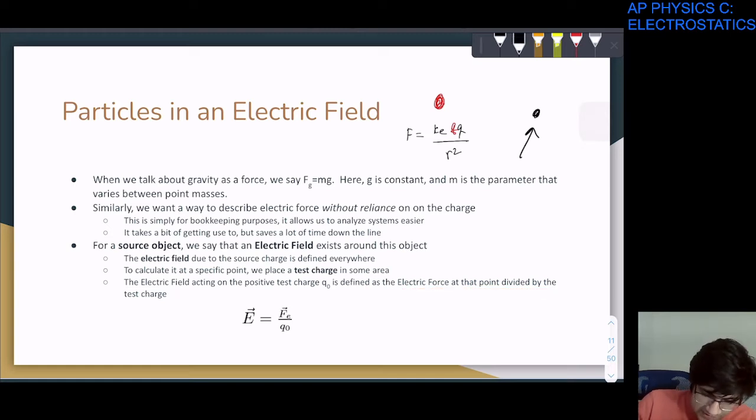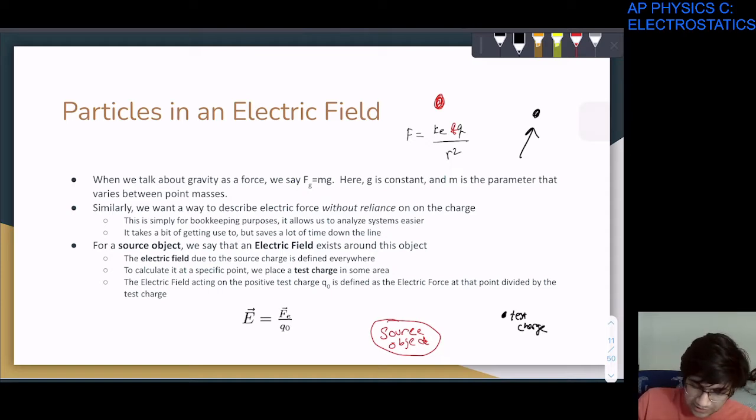So in other words, we're going to have a source object over here, and we're going to have a test charge here. And we're going to measure what the electric force is over here. Let's just say it's F. Then the field E at this point is equal to F divided by the charge.